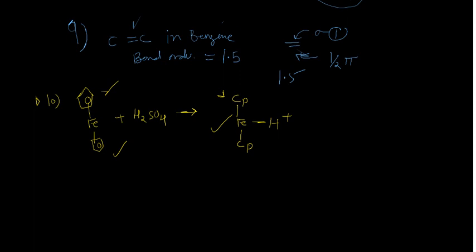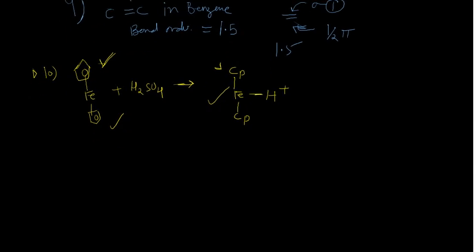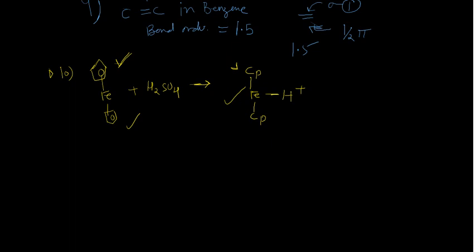I am going to take the next one. And this was the question. And see, one more question they have asked, that means I can write question number 11, and this question is based on the fluxionality.